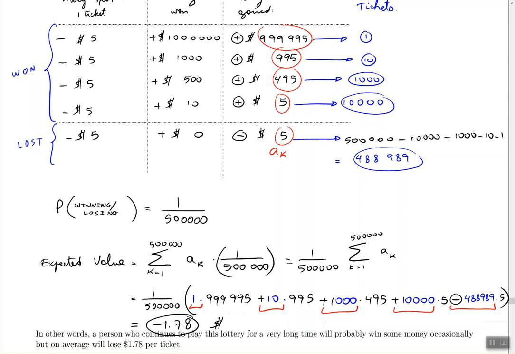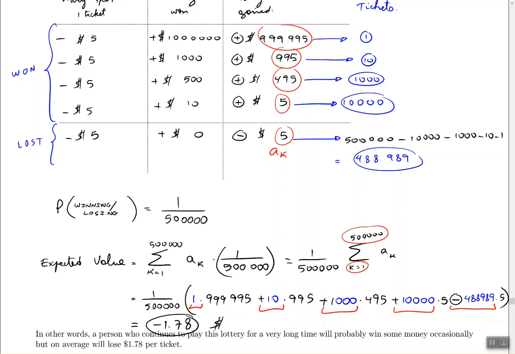So it's not just one ticket that wins the $995, for example. There's 10 of them, and I'm supposed to add each one of those multiplied by its own probability. And I don't want to write down 995 10 times and then 495 1,000 times and so on. So that's the reason why there's the 10, the 1,000, the 10,000. It's basically to get me to go from 1 to 500,000.